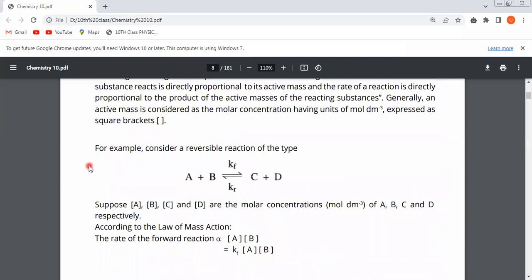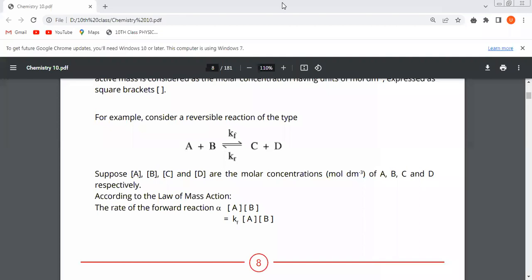For example, consider a reversible reaction of the type A plus B forward with KF to C plus D. Suppose [A], [B], [C], and [D] are the molar concentrations in mole per decimeter cubed of A, B, C, and D respectively.